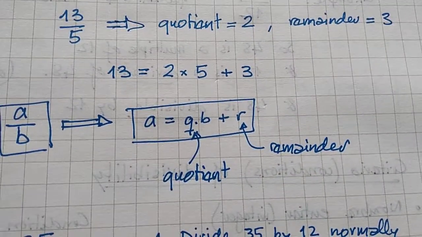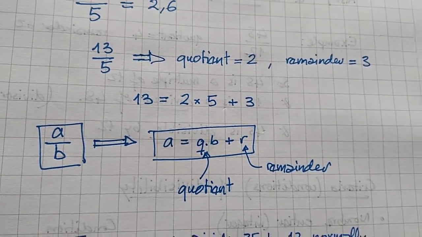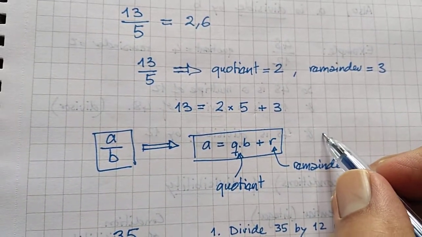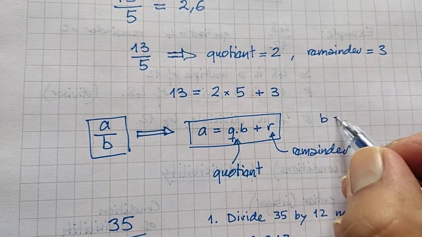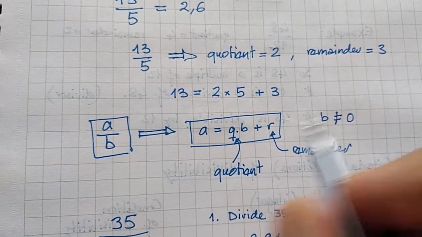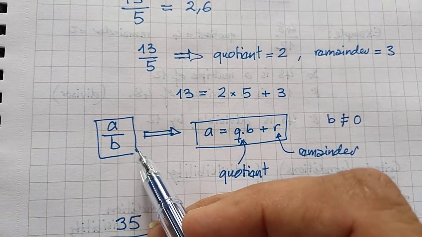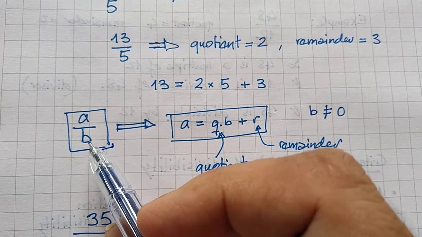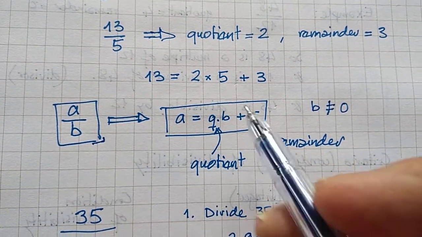And there is one condition, two conditions actually. B cannot be 0. This sign of course means does not equal 0, because you cannot divide a number by 0. Division is not defined if you try to divide by 0. It has no meaning.